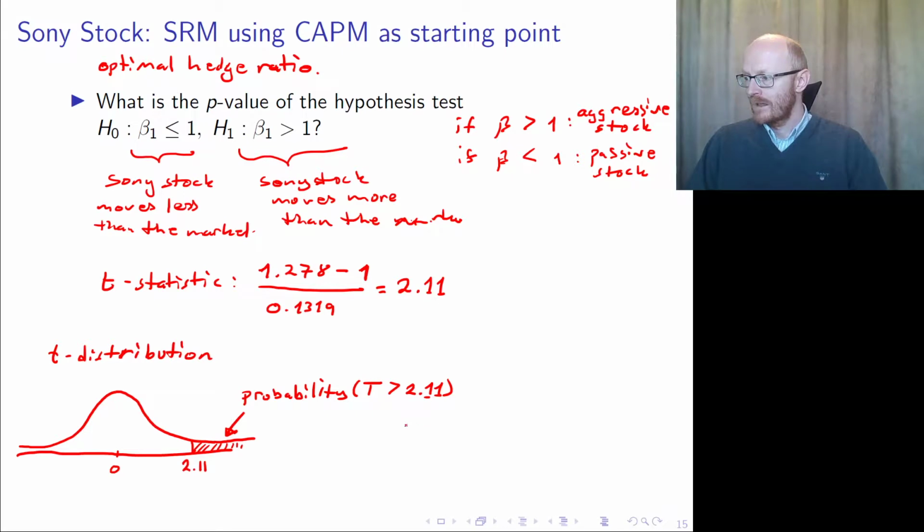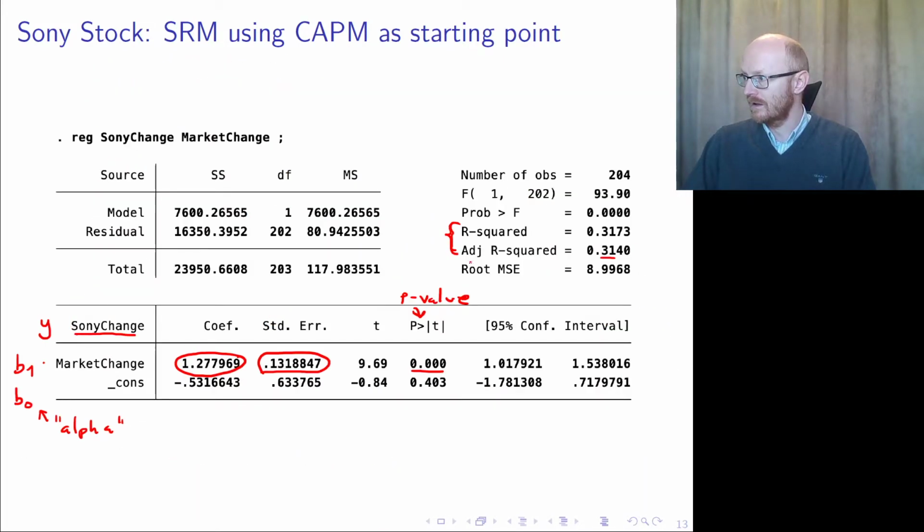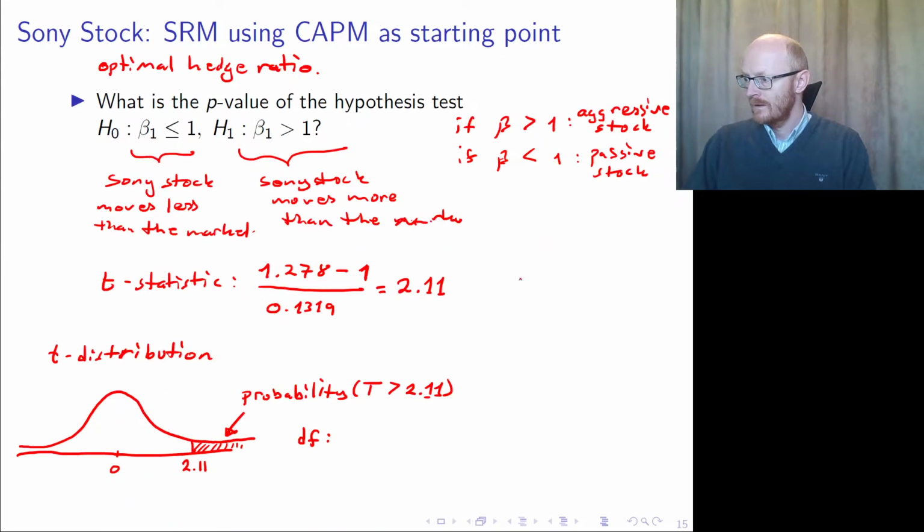And you can find this in a table where you look for the degrees of freedom. The number of observations is 204, minus the number of parameters in your model, which is 2, which gives you a degree of freedom of 202.